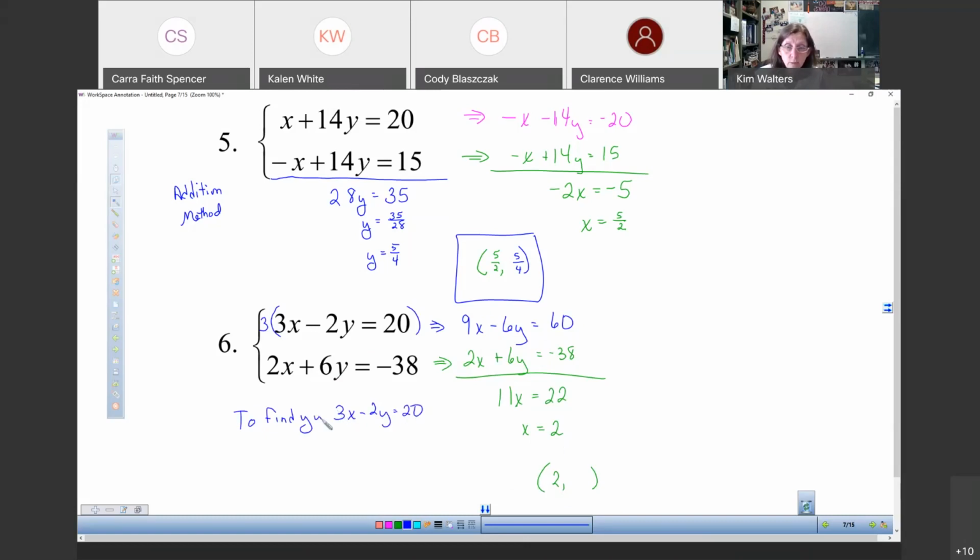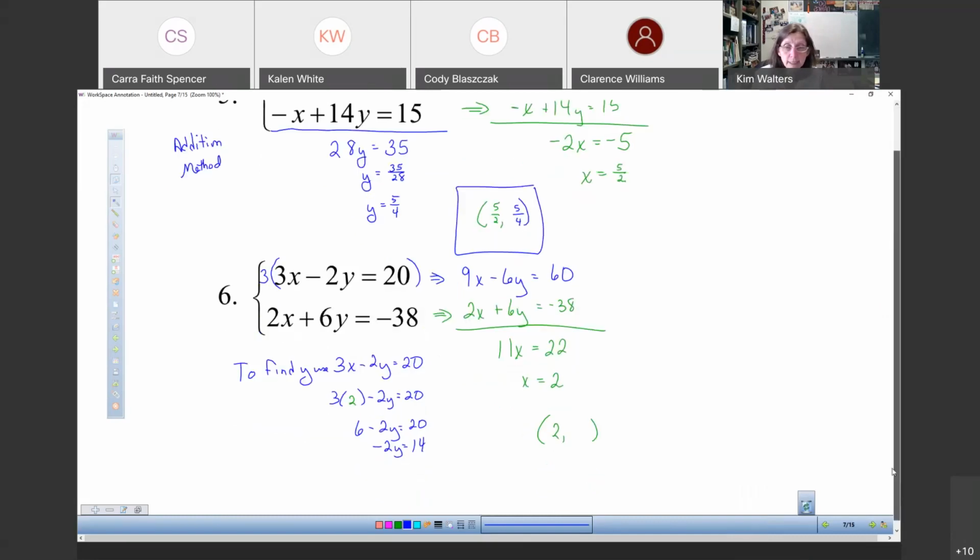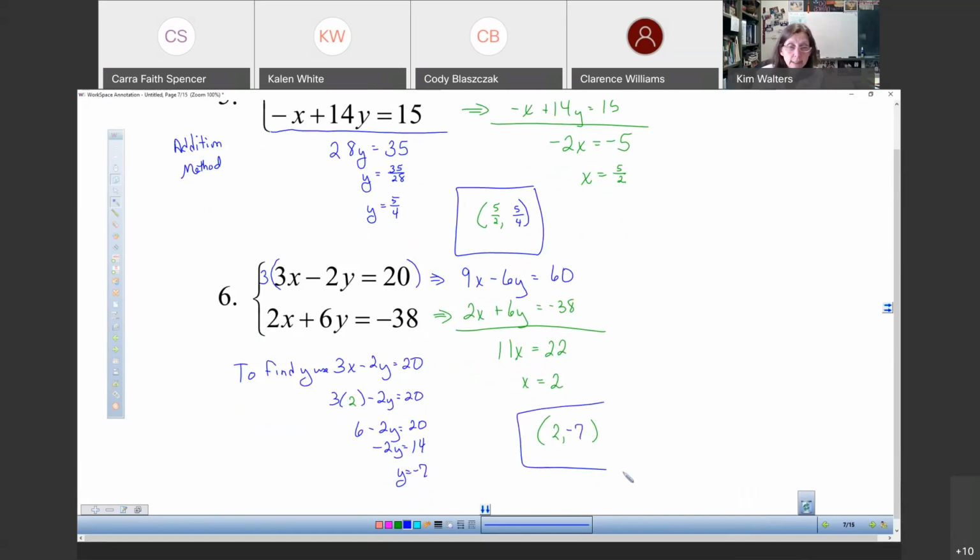So I would substitute 2 in for x, so I have 3 times 2 minus 2y is equal to 20, and this is going to be 6 minus 2y is equal to 20, and negative 2y is going to be equal to 14, and dividing both sides by negative 2, I get y is equal to negative 7, and there is the second part of my solution.